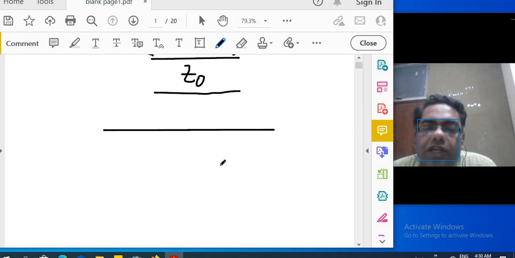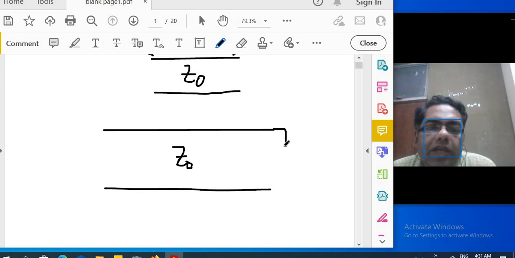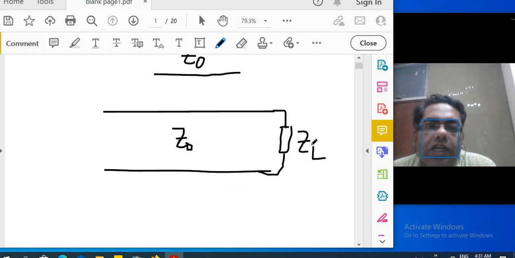This transmission line has some characteristic impedance Z0 and it is terminated by some load ZL. So I have a load whose load impedance is ZL. Now generally ZL is not equal to Z0. So suppose this is my load plane.